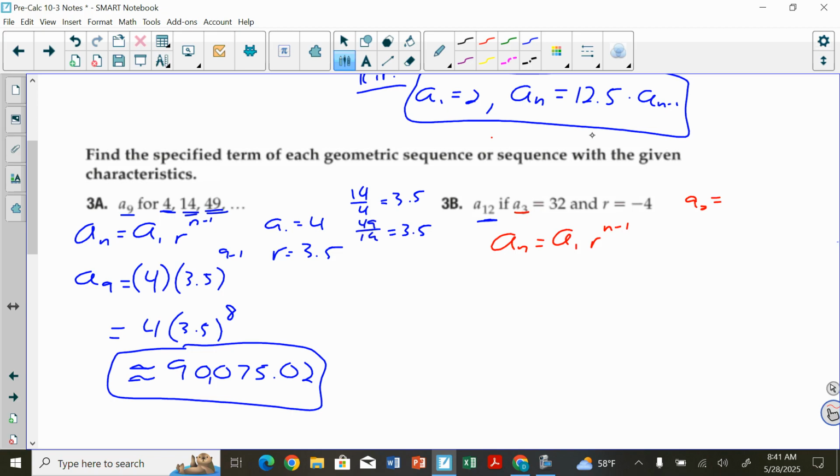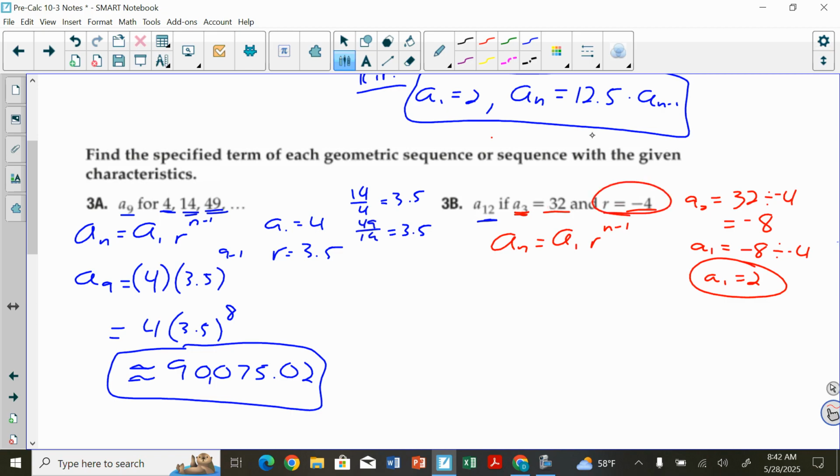So I could find a2 by saying 32, which is a3, divided by my r value of -4. So a2 would be 32 divided by -4, which would be -8. And then that means a1 would be this -8 divided by -4, working backwards with my r value. So a sub 1 would equal 2, right? Because they didn't give me that, so I had to work backwards to get it.